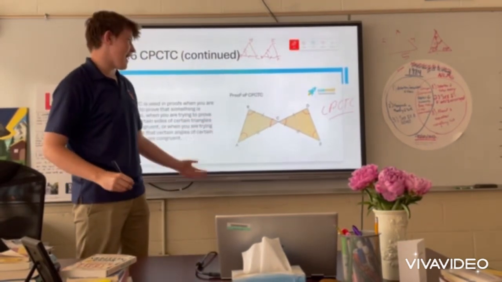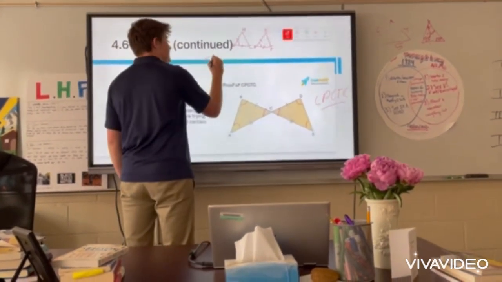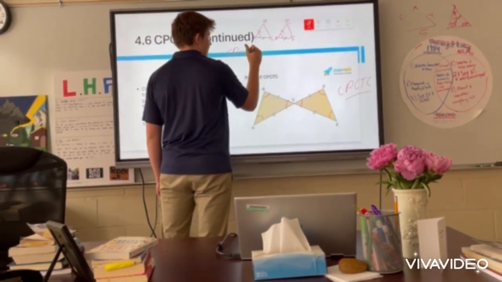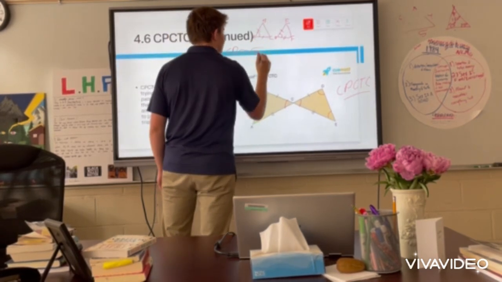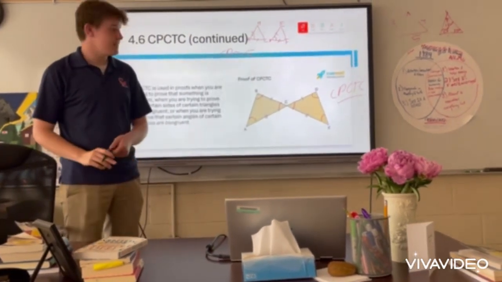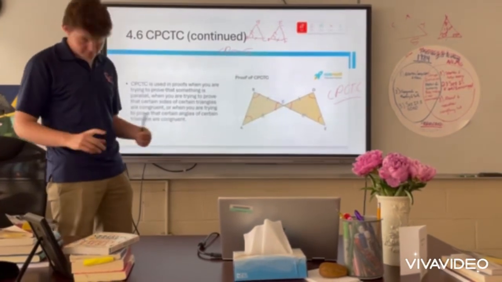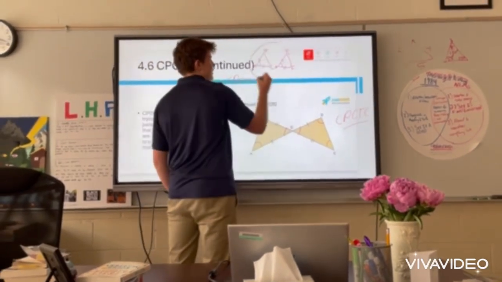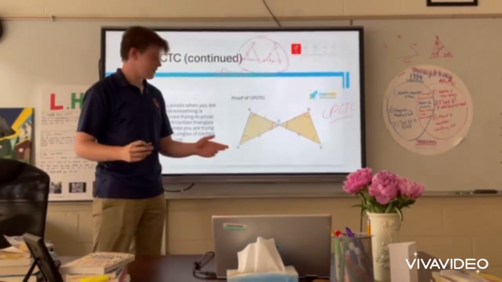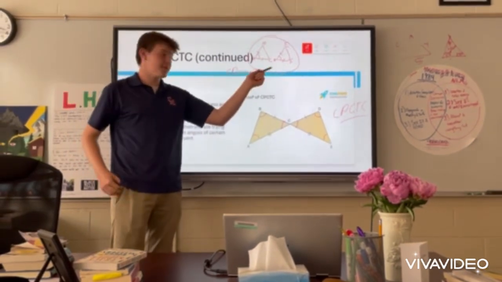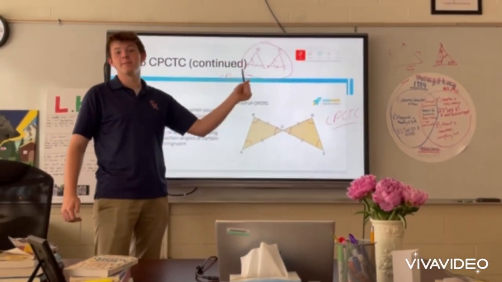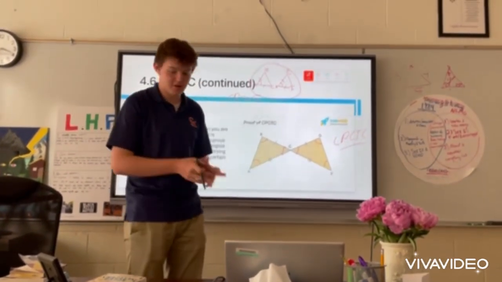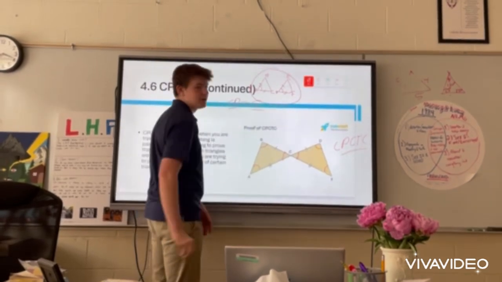In a proof, you may be asked to prove that angle B is congruent to angle E. And through CPCTC, that is possible because it's pretty much in the name. The congruent parts of congruent triangles, like these, are also congruent. So what this means is that because these triangles have been proven to be congruent, so is every single one of their parts, like angle B and angle E.